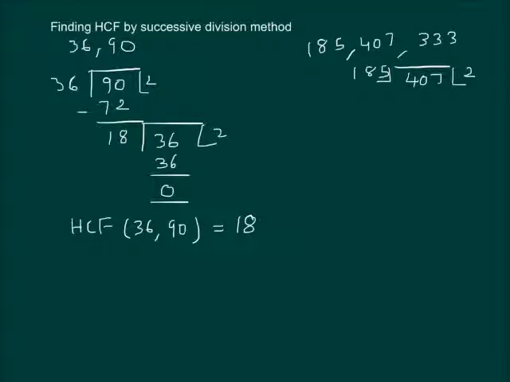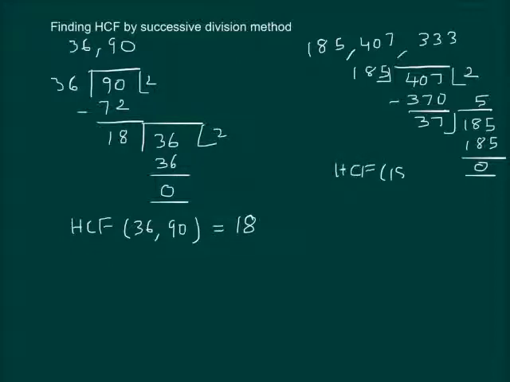On division we get remainder as 37. Now divide 185 by 37. We can see that remainder comes 0. So 37 is the HCF of 185 and 407.